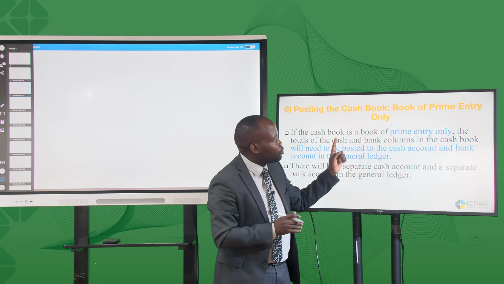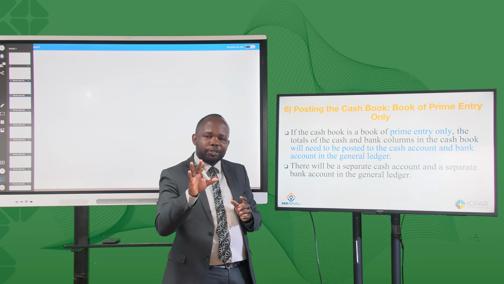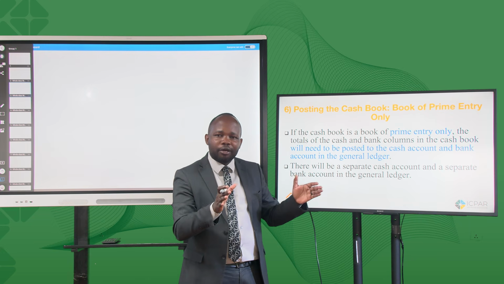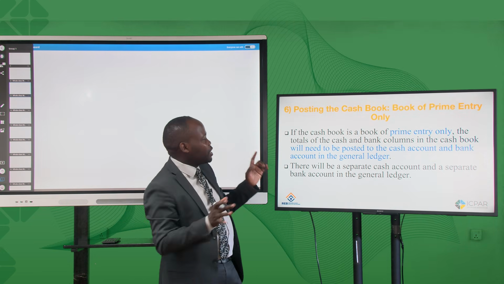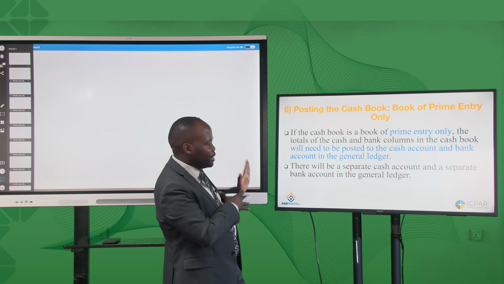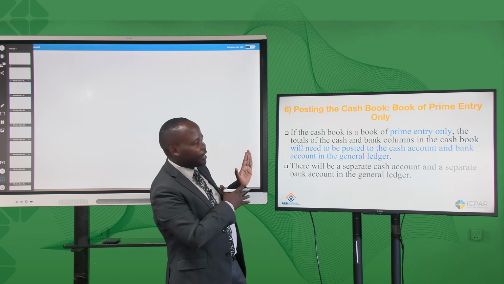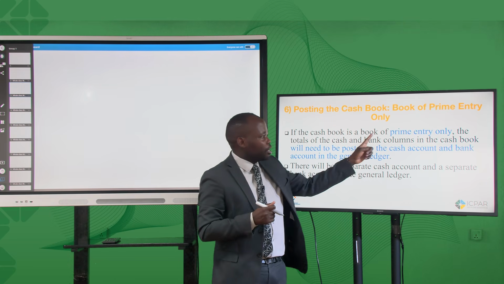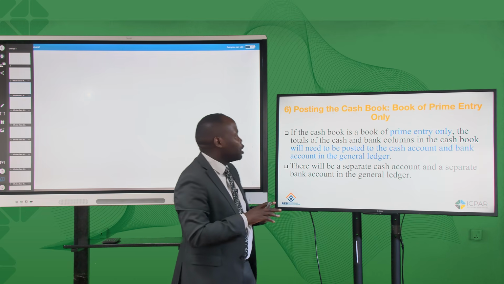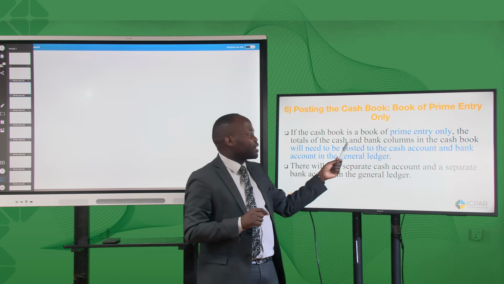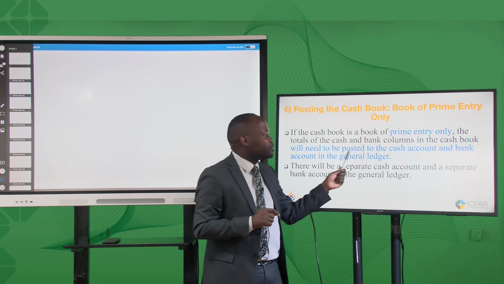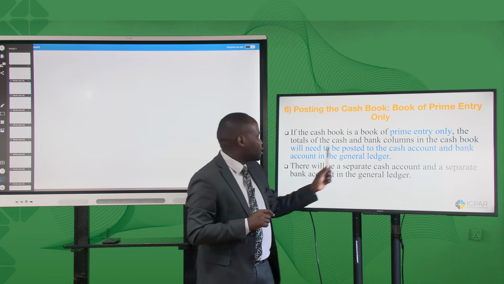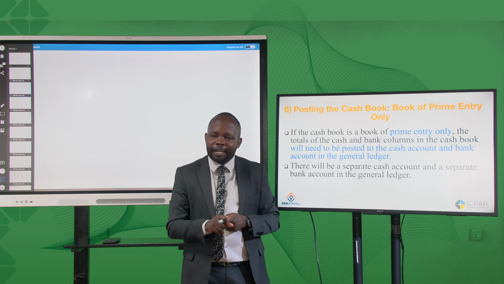Posting the cash book, remember there are two options: either as a book of prime entry, or both as a book of prime entry and part of the general ledger. So if it's only a book of prime entry, what is the effect of that? If the cash book is a book of prime entry only, the totals of the cash and bank columns in the cash book will need to be posted to the cash account and bank account in the general ledger.